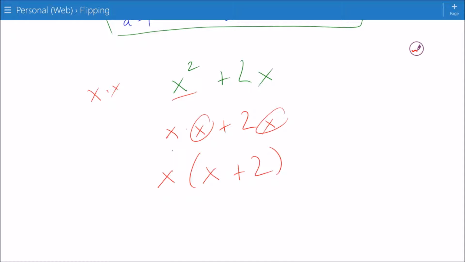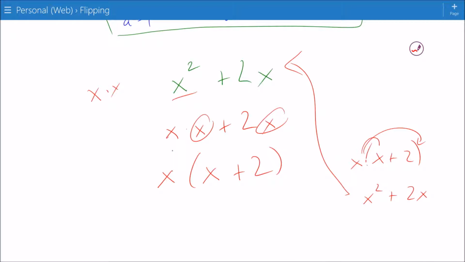If I were to distribute this, I get x times x plus 2, distribute, that's x squared, distribute to the 2 plus 2x. That's exactly what I had back up there. Alright, so greatest common factor.